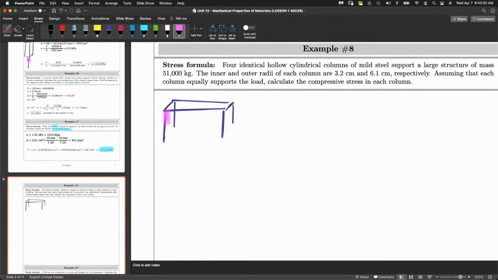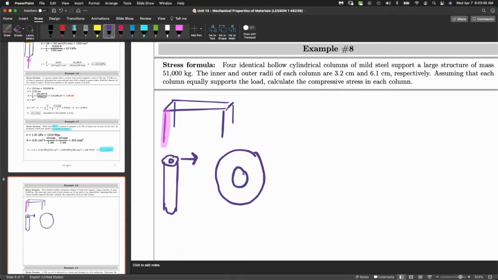Now what I want you to imagine is just this column here. Let's analyze this one. If you look at the column, it's a circular cross section, but it's hollow. So because it's hollow, it looks like a ring. The best word to use is probably a washer.